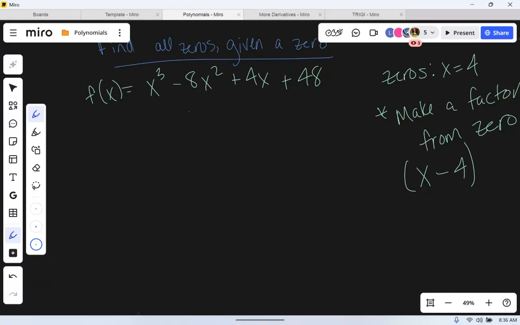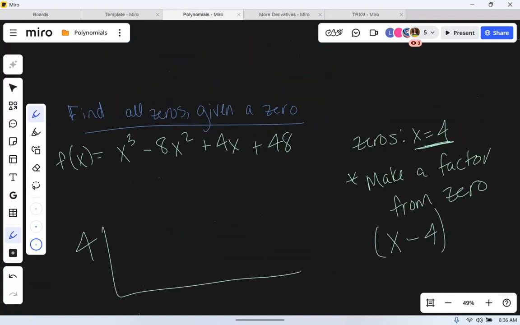You just have to keep straight really the signs is what you're keeping straight here whenever I divide. So whenever I do my division, what goes outside the division sign? Positive 4. So the zeros are the same signs. The factors are the opposite sign.